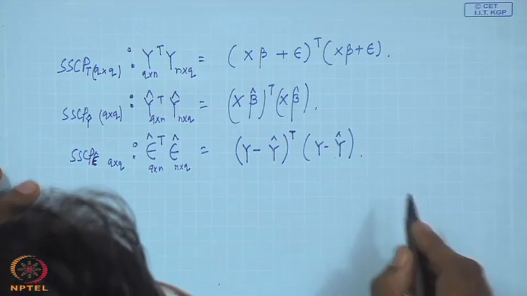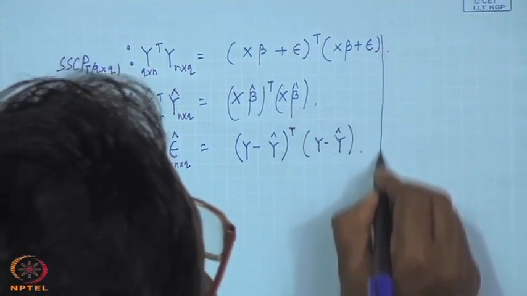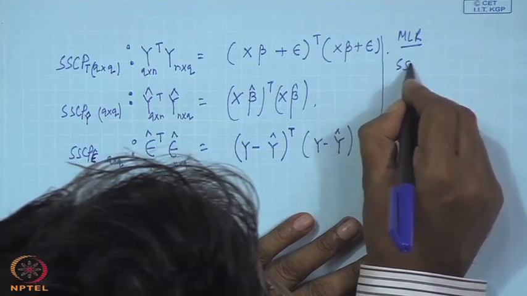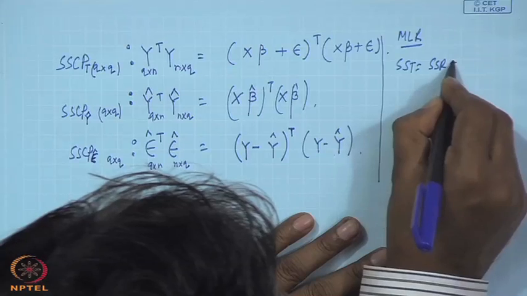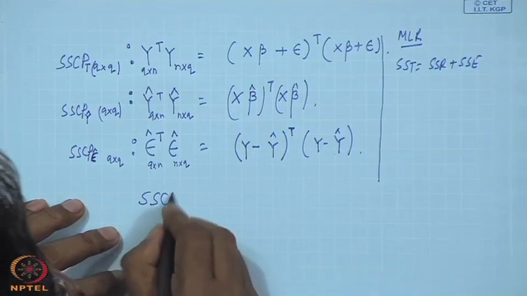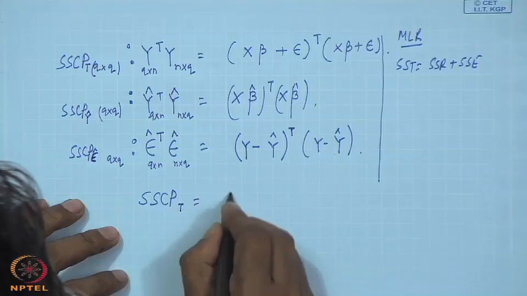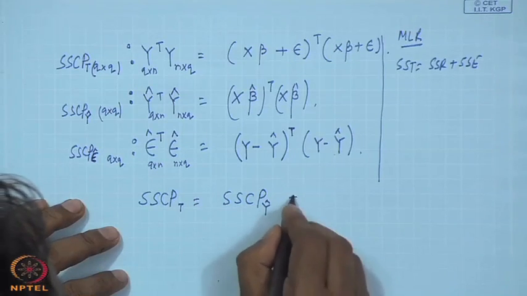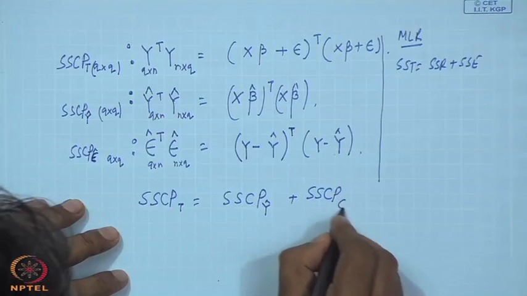Okay. So, you will find out in MLR we found SST equal to SSR plus SSE. Similarly, here we can write: SSCP total equal to SSCP y cap plus SSCP epsilon cap.